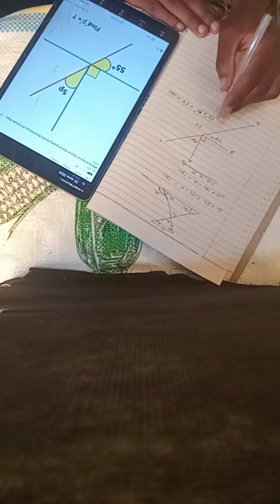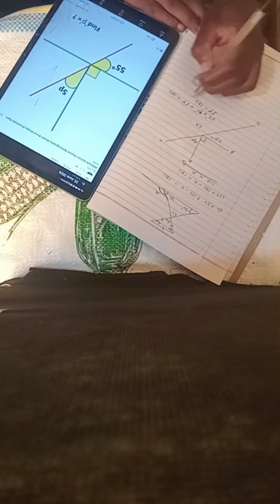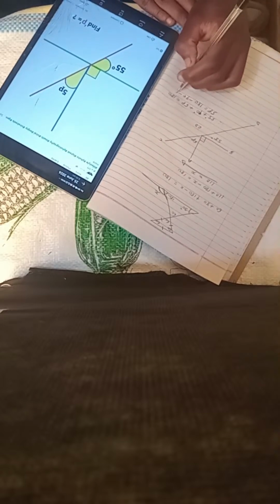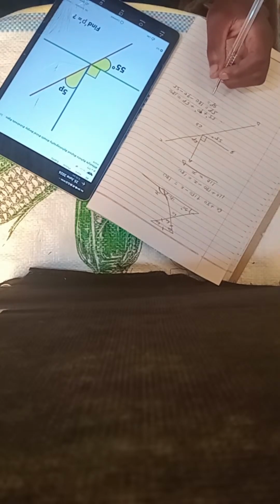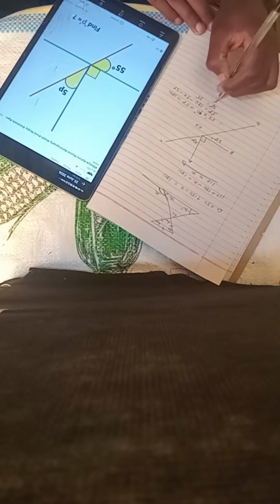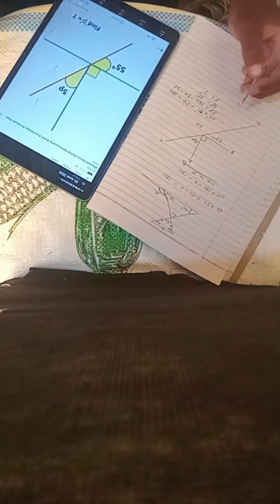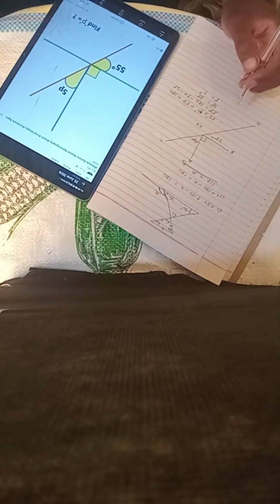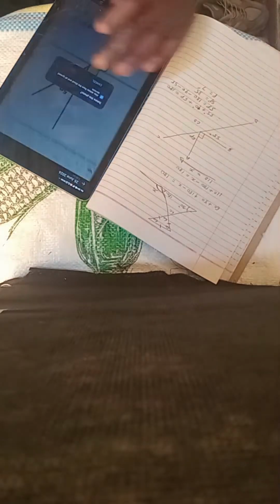Therefore 5p is equal to 180 minus 90 minus 55. 5p is equal to 90 minus 55, which is 35. Therefore p is equal to 7 degrees.